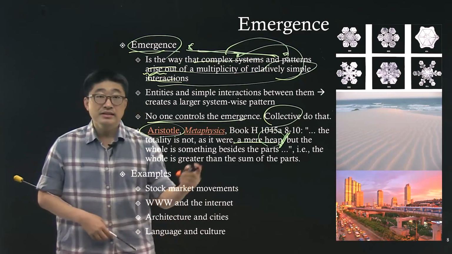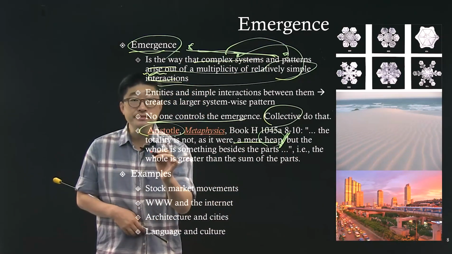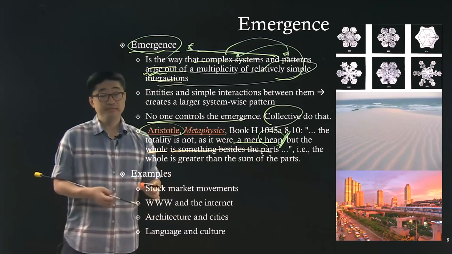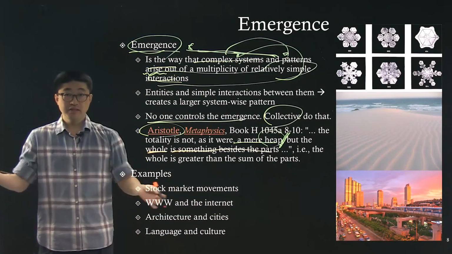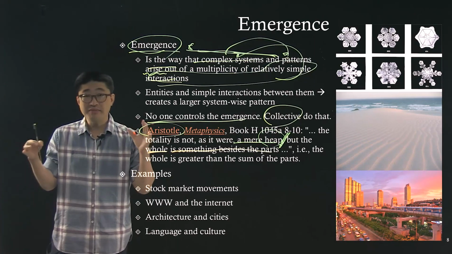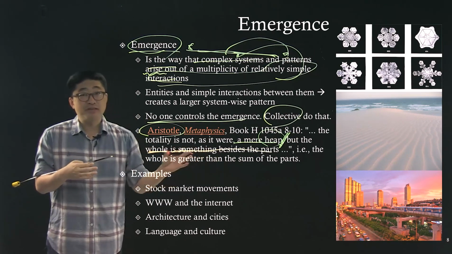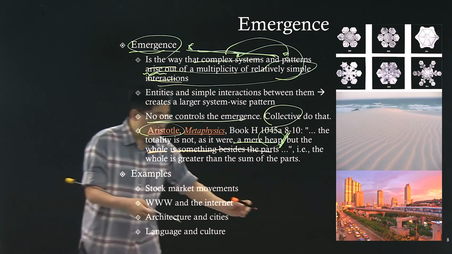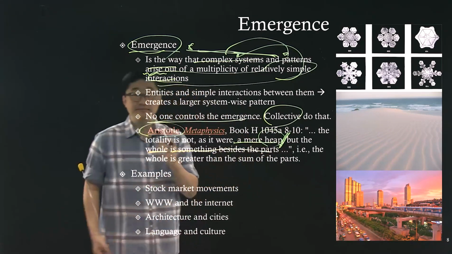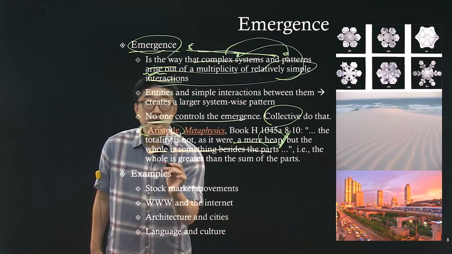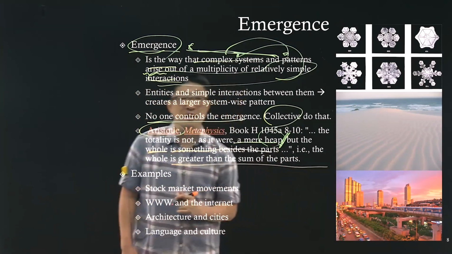And what he says is, but the whole is something besides the parts. Okay? Whole. In Korean, 전체, everything, 전체. The whole is something besides the parts. The whole is more than a collection of parts. And also, the whole is greater than the sum of the parts.